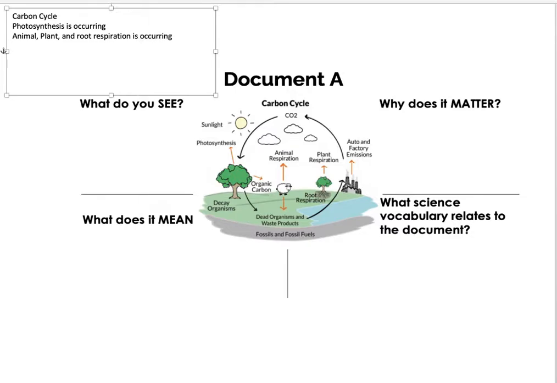Okay. We'll see that fossils and fossil fuels are present. We see organic carbon is present.